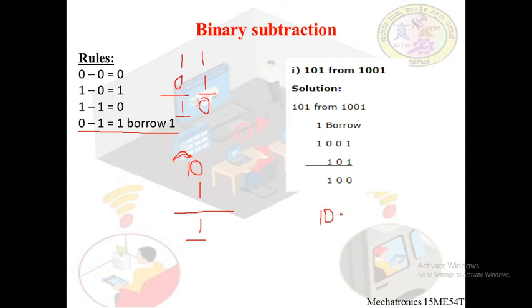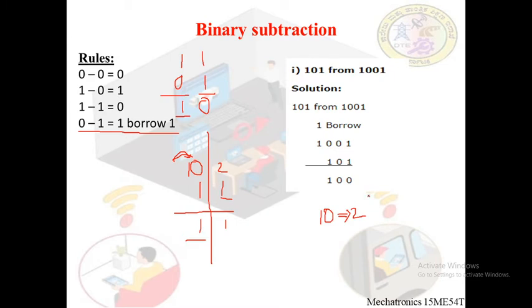This binary 10 is equivalent to decimal number 2. Therefore 2 minus 1 is 1 only. Therefore when 1 is borrowed from the next place, the 0 becomes 10. 10 minus 1 or 2 minus 1 is 1.